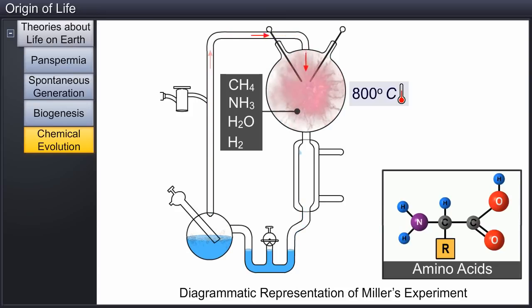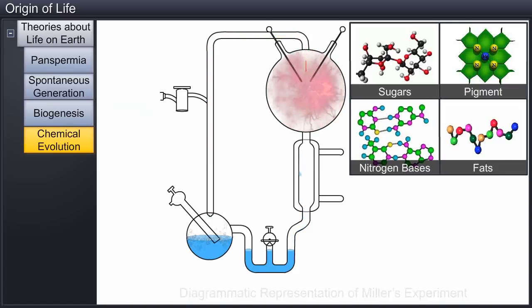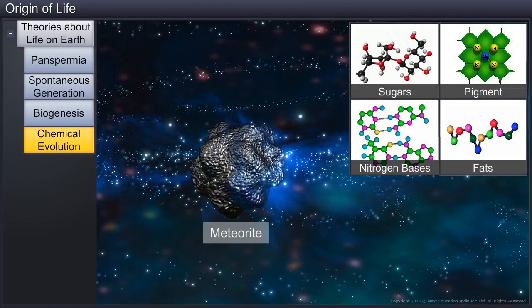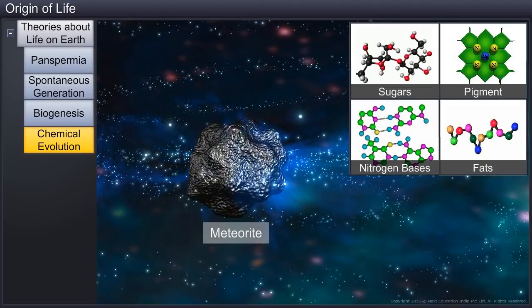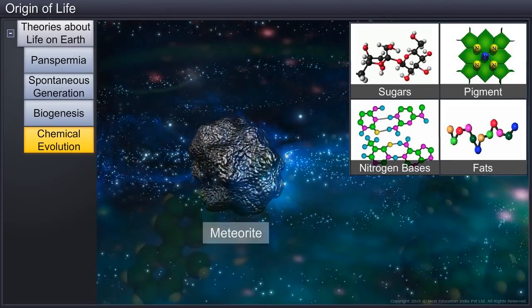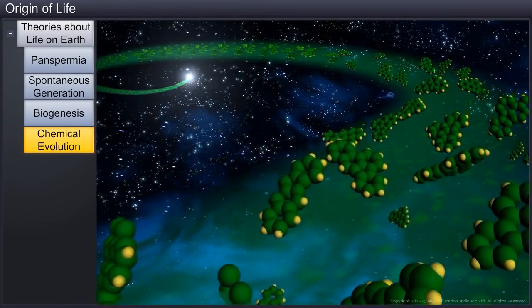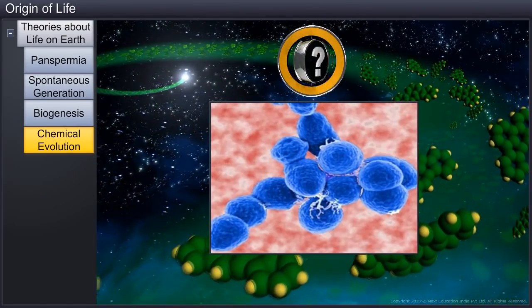Later on, while conducting similar experiments, other scientists observed the formation of sugars, nitrogen bases, pigment, and fats as well. Interestingly, when meteorite content was analyzed, similar compounds were found in them, which proved that similar processes occurred in other parts of the universe as well. Thereafter, the theory of chemical evolution was most widely accepted. However, there were still doubts about how the first cell came into existence.